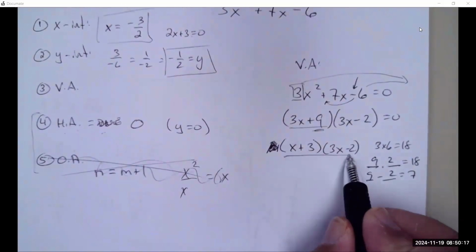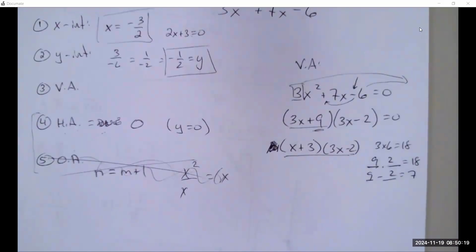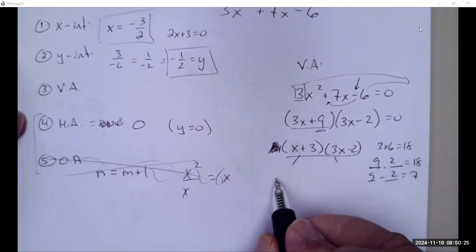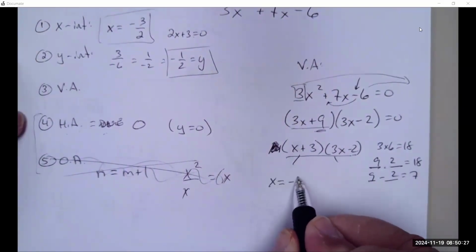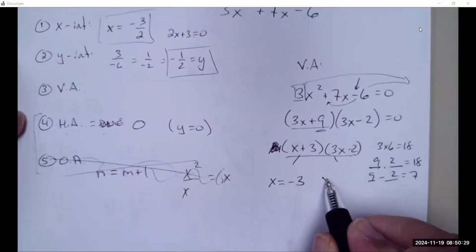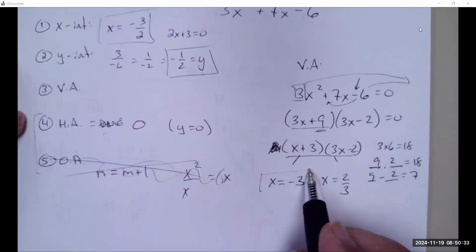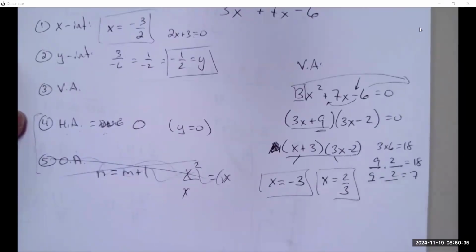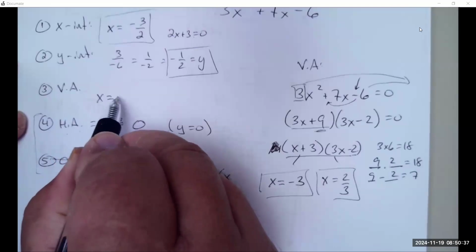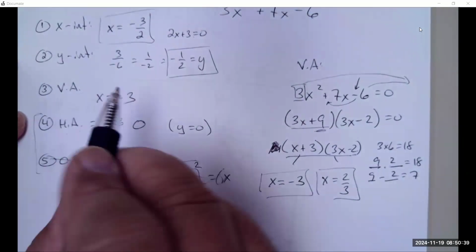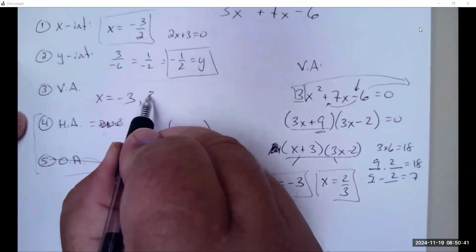So these are the factors of my denominator. What are my vertical asymptotes? Set both of these equal to 0 and solve for x. So my vertical asymptotes are at x equals negative 3 and x equals 2/3.